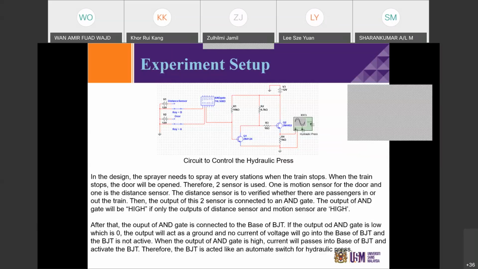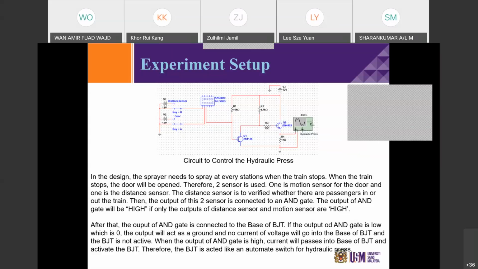The output of the AND gate will be high only if the output of the distance sensor and motion sensor are high. After that, the output of the AND gate is connected to the base of the bipolar junction transistor. If the output of the AND gate is low, which is 0, the output will act as a ground and no current or voltage will go into the base of the BJT, and the BJT will not activate.